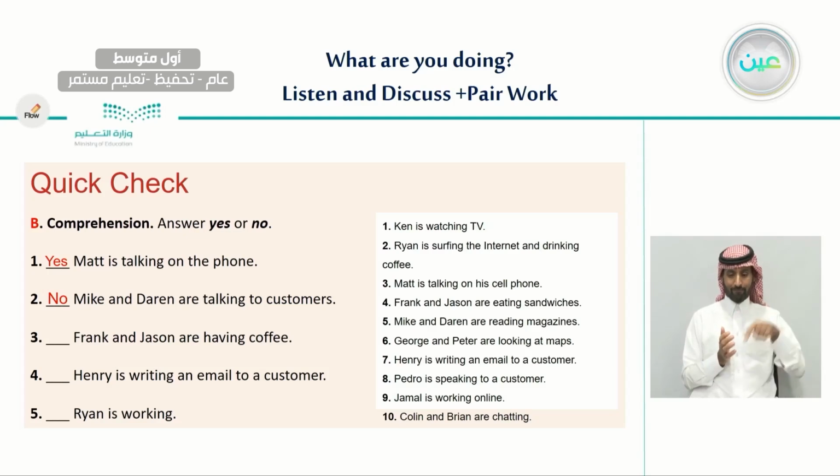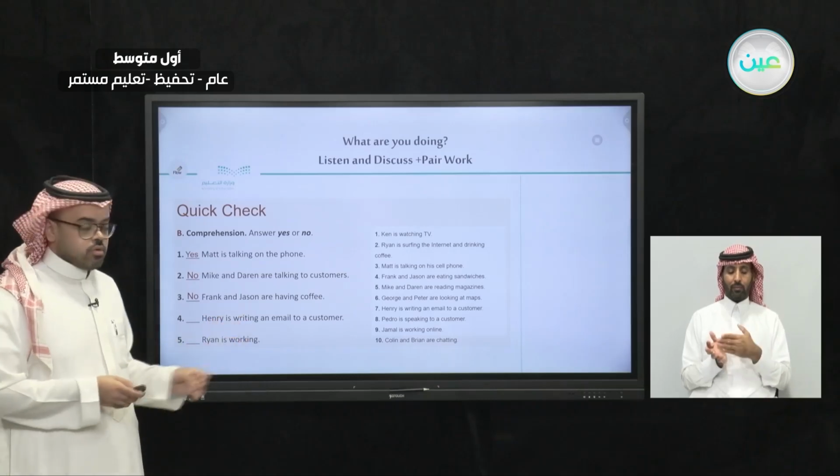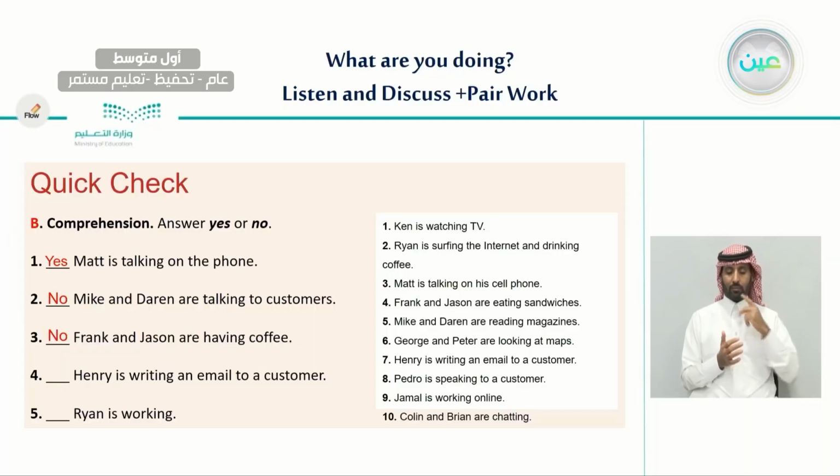So here we're going to write no. Number 4. Henry is writing an email to a customer. So let's see what Henry is doing. Number 7. Henry is writing an email to a customer. So here we can say yes, he is writing an email to a customer.